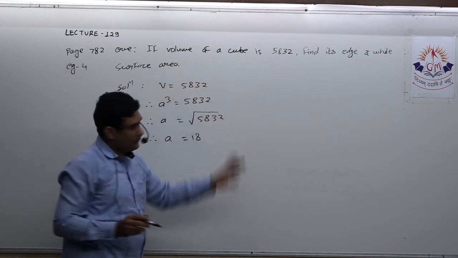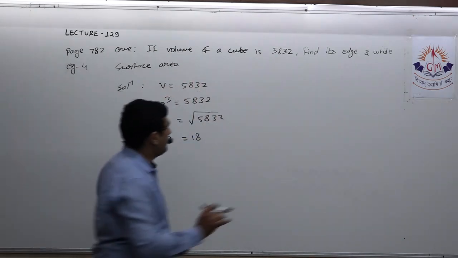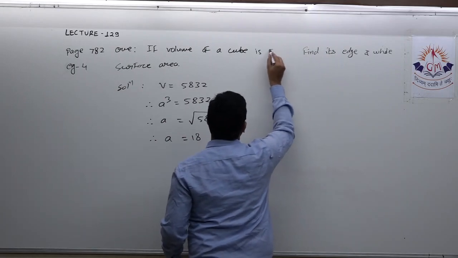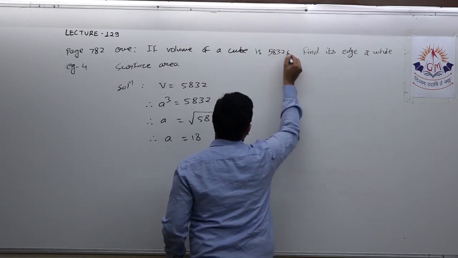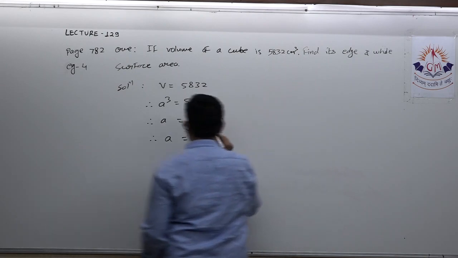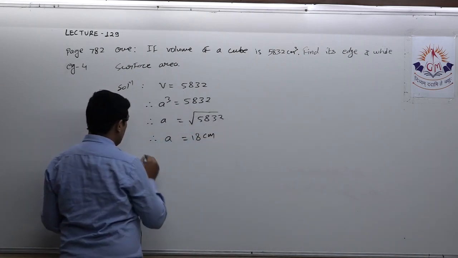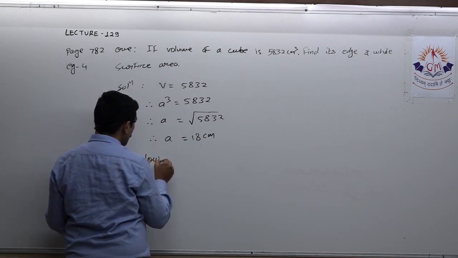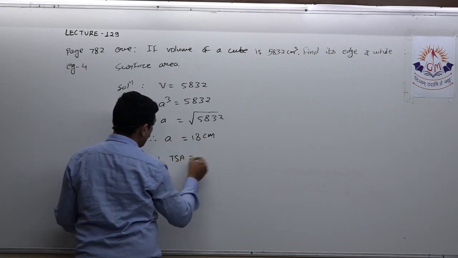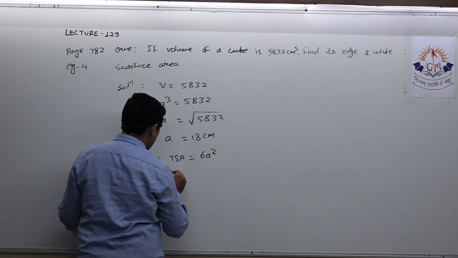Here the volume is 5832 centimeter cube, so this will be in centimeters. Now whole surface area, that is total surface area, is 6a square.